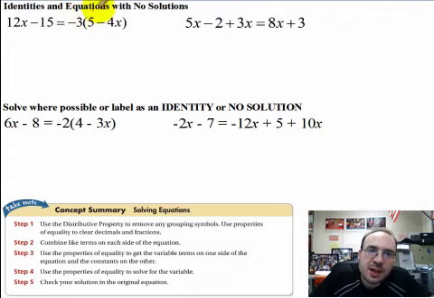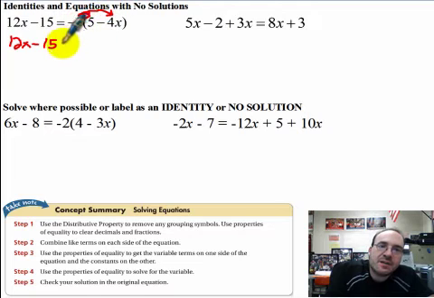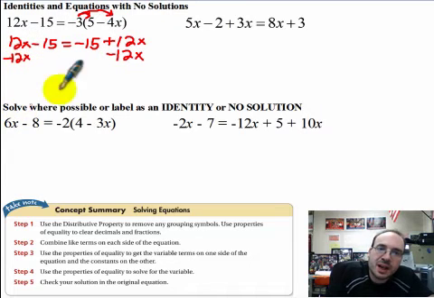So I look at this equation and I see a grouping symbol, so I'm going to distribute. I get 12x minus 15 on one side, and on the other side I have negative 15, and negative 3 times negative 4 is positive 12x. Then I want to move the 12x over, so I'm going to subtract it from both sides.